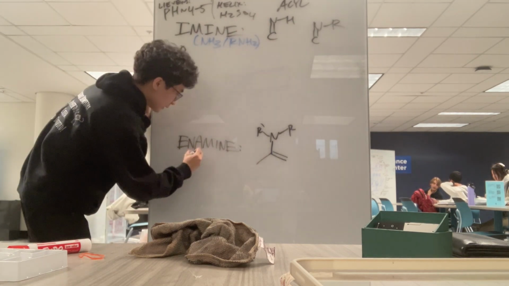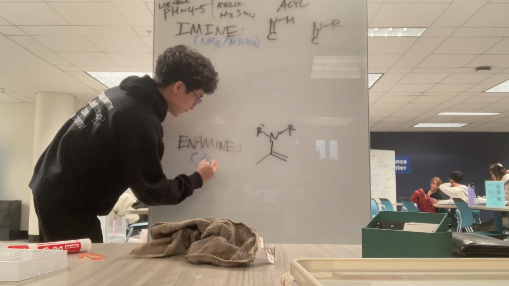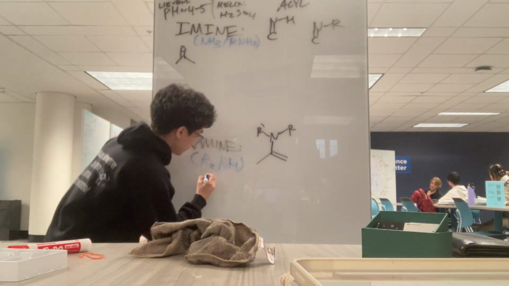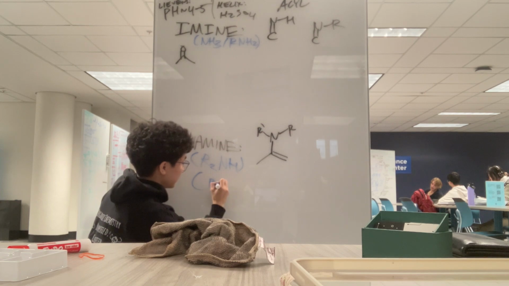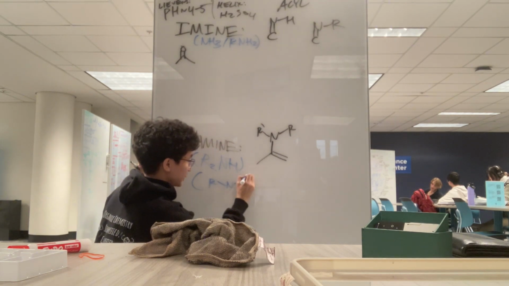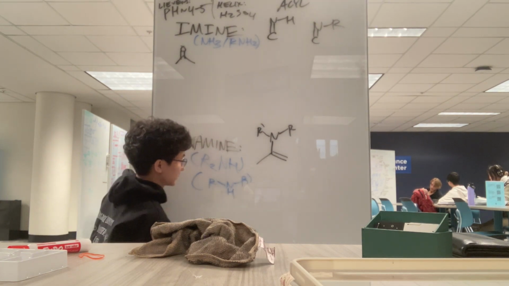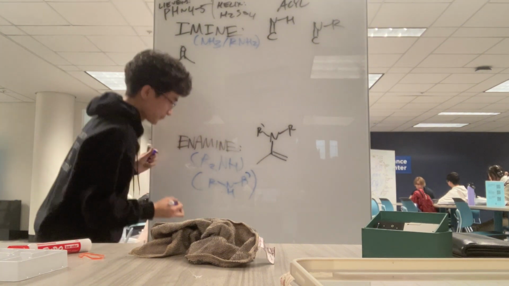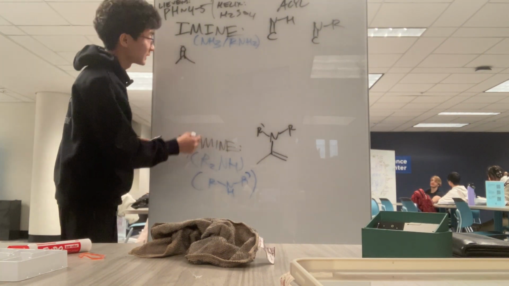To form the enamine, you need a secondary amine, R2NH, or RR'NH, right? Because these R groups can be different. They don't have to be the same. But these two are secondary amines.